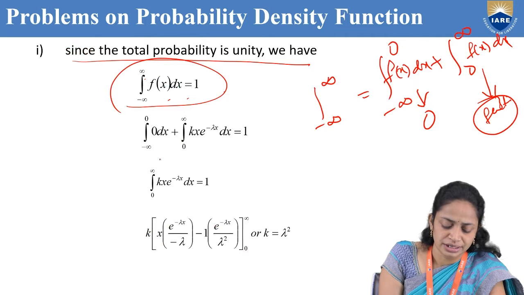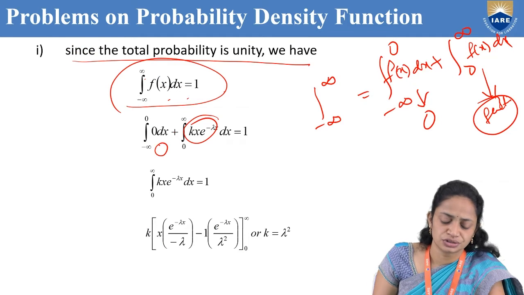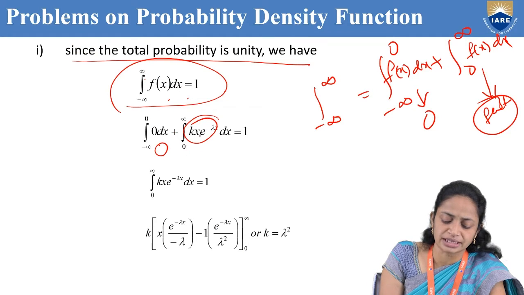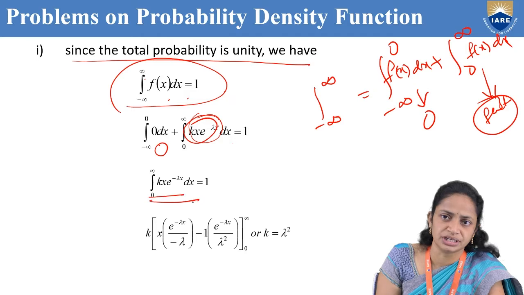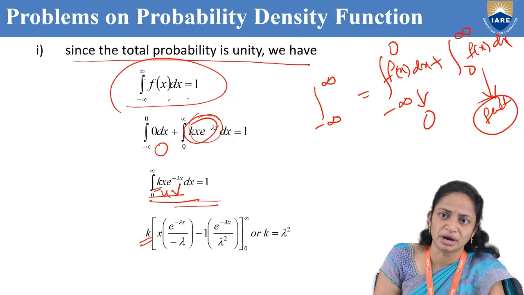So integration over 0 to infinity kx e power minus lambda x dx equals 1. You can keep k, a constant, outside, and the rest will be in the form of the UV method.